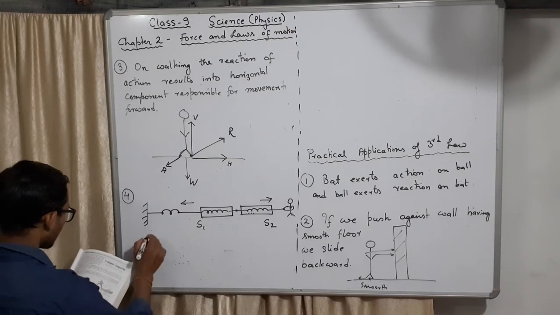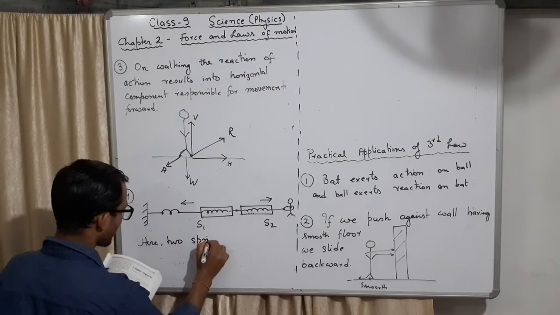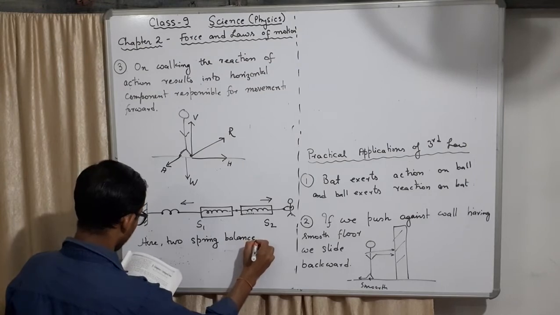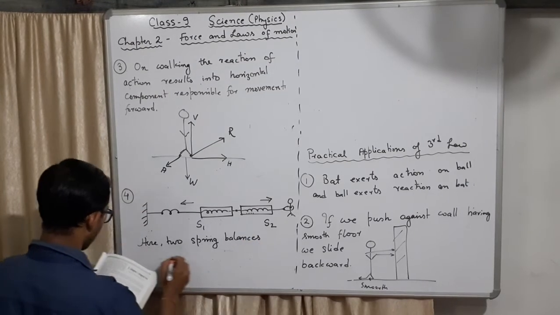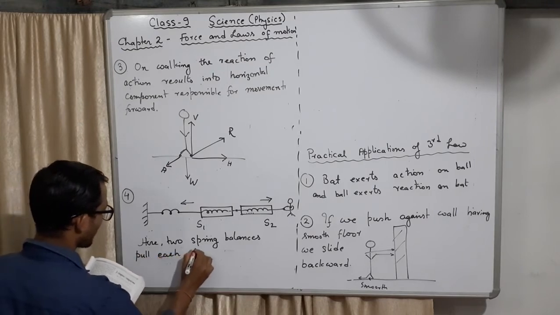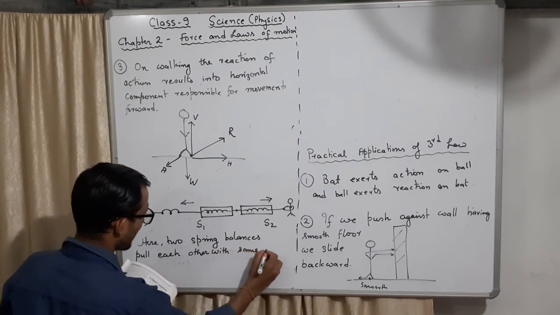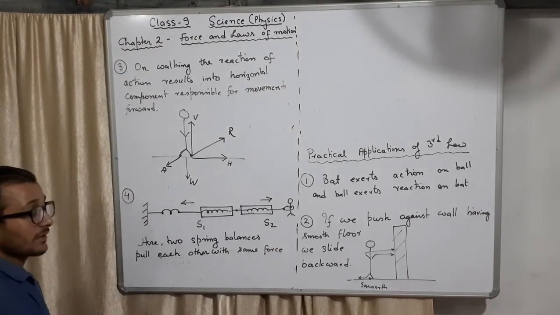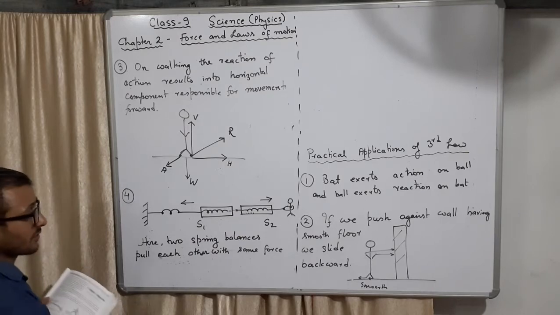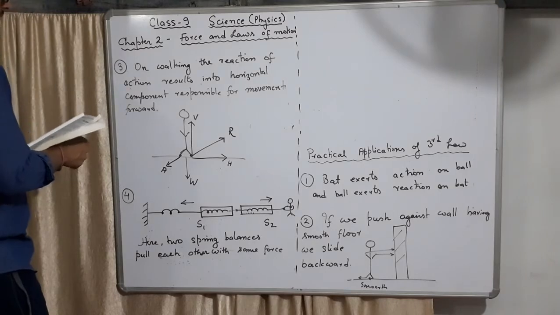So two spring balances pull each other with the same force. Why are they in the same line? Because there is a wire attached to them and they are pulling each other, and whatever force is here, the same will be on the other side.